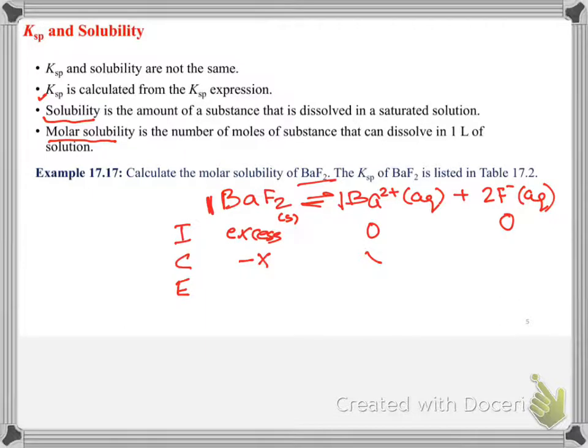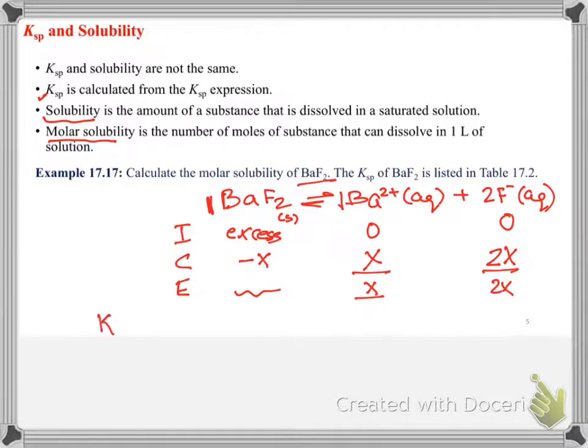So if X moles are dissociating, then X moles of barium ions are forming. If X moles of barium fluoride are dissociating, then 2X moles of fluoride ions are forming. At equilibrium, it is X and 2X. Since the solid will not be included in the equilibrium constant expression, we are going to ignore it.